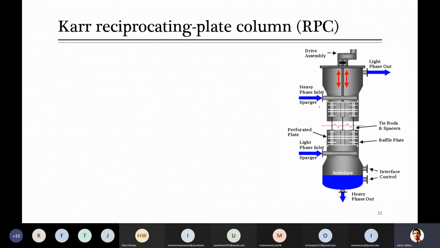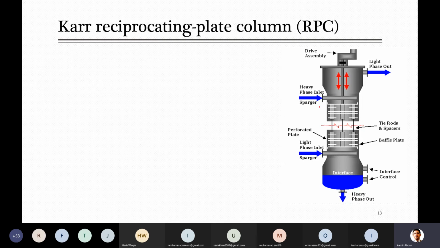As you can see, this is called the Karr reciprocating plate column. From the start, I said that mechanical agitation can be created either by using a rotating element through the equipment, or by other ways, like vibrating or reciprocating the plates inside the column.